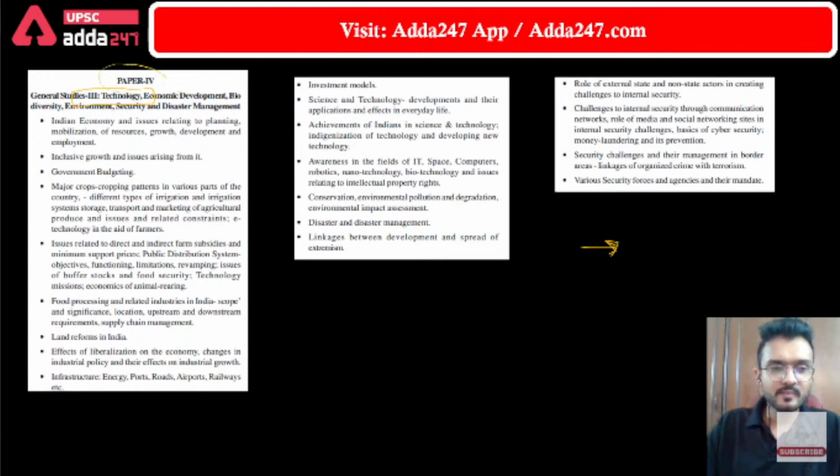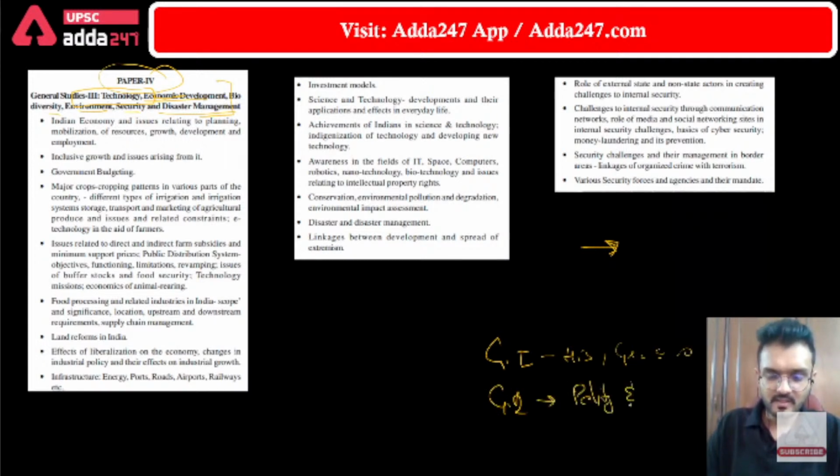So we are discussing paper 3, and in paper 3 we will study technology, economic development, biodiversity, environment, security, and disaster management. Basically in paper 1 we have seen history, geography, and society. And in paper 2 we have seen polity and international affairs.